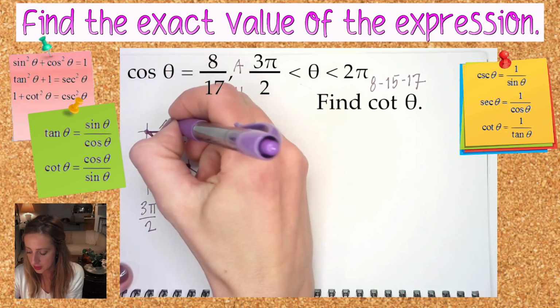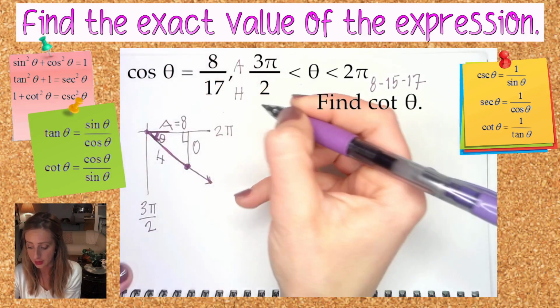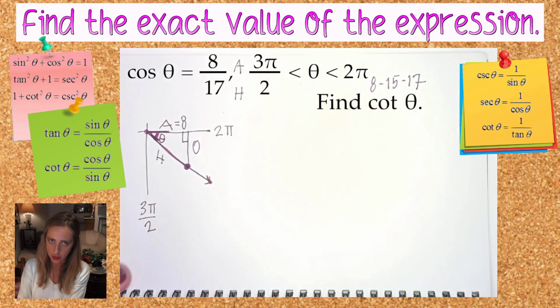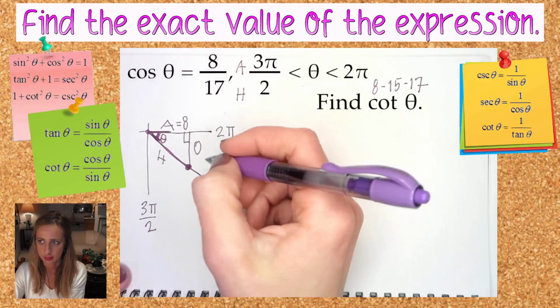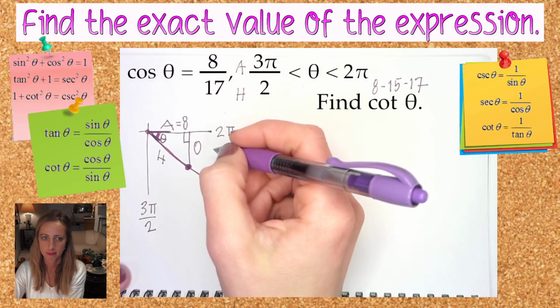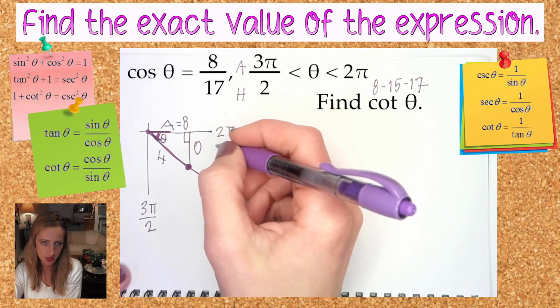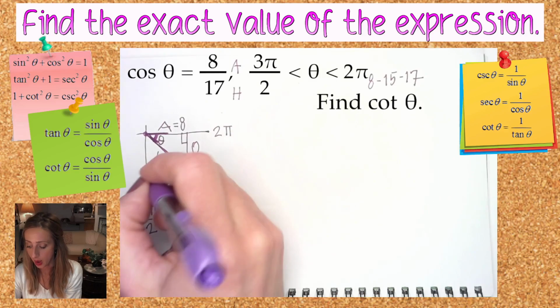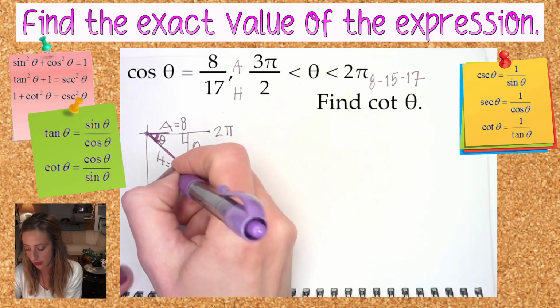Adjacent. The adjacent in this case is apparently 8, and the hypotenuse, which is never negative, the hypotenuse will always be positive. So H equals 17.